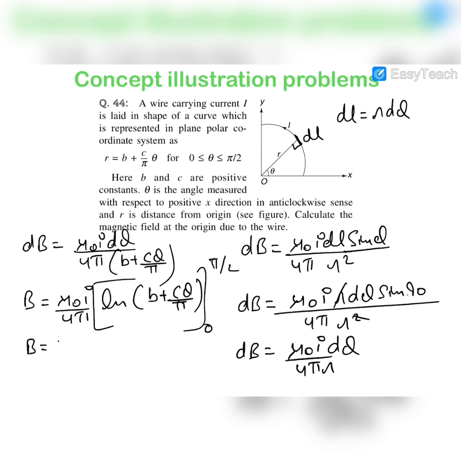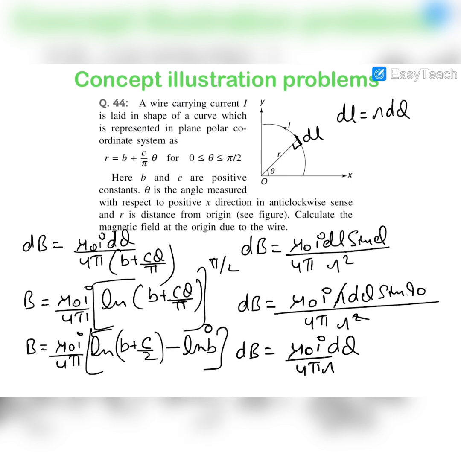So B will be equal to mu naught I by 4 pi ln, if we substitute the value of pi by 2 here in the place of theta, then it would be c by 2, so it would be b plus c by 2, and minus ln b. So the final answer will be, let us write it down on the next page.